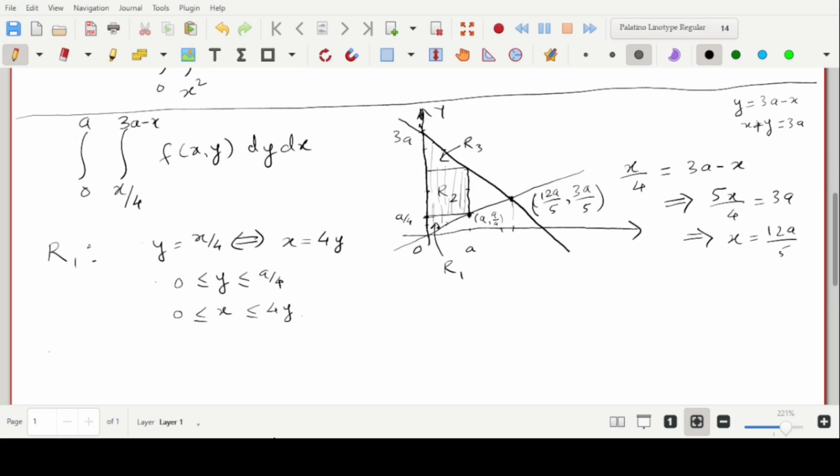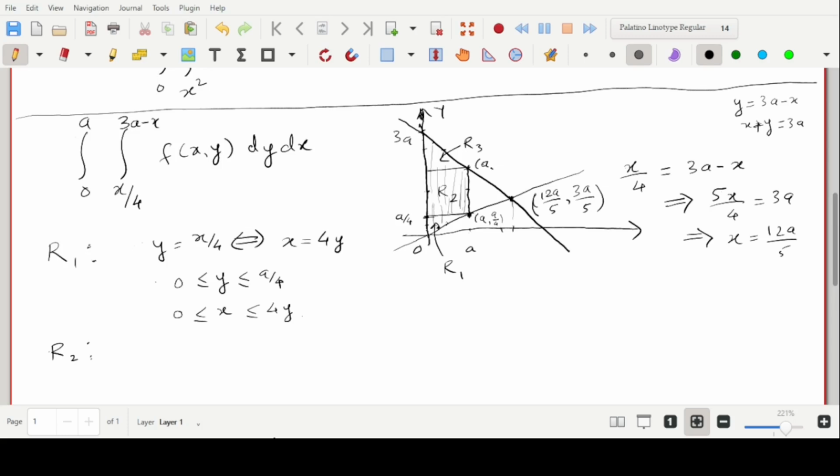How about R2? R2 is clearly a rectangle, and we already know how to compute integrals over rectangles. Here this point also has x coordinate equal to a, because this is the line x equal to a, and this point lies on the line 3y equal to 3a minus x.